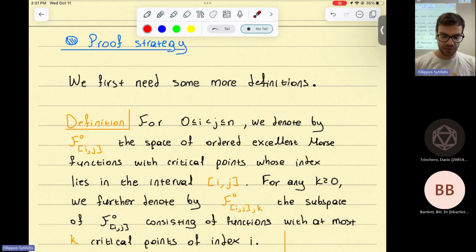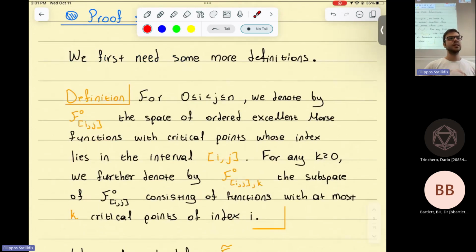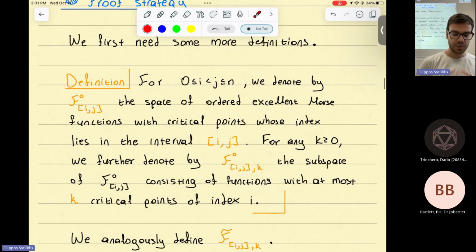It's basically these Fi zeros. I'm going to enhance them a little bit to these Fij zeros. So I'm just going to write down a generalization of them. So what are the Fij's? If I have i and j from 0 to n, I denote by this the space of ordered excellent Morse functions whose critical points have index that lies in the interval i, j.